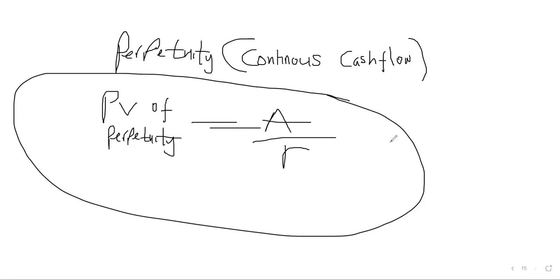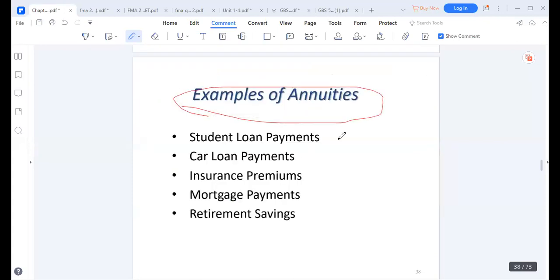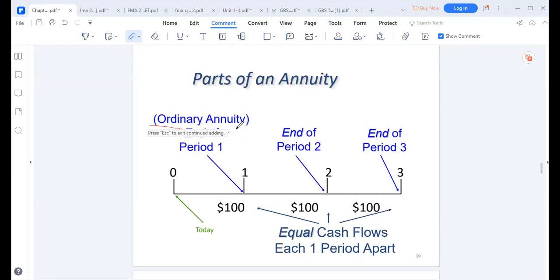Okay, so this is just about the end of annuities, where we're looking at the types of annuities that we can go for. Examples of annuities are student loan payments, life insurance premiums, mortgage, and retirement savings. Ordinary annuities are payments at the end of a period: end of period 1, period 2. Ordinary simply means payments or deposits done at the end.